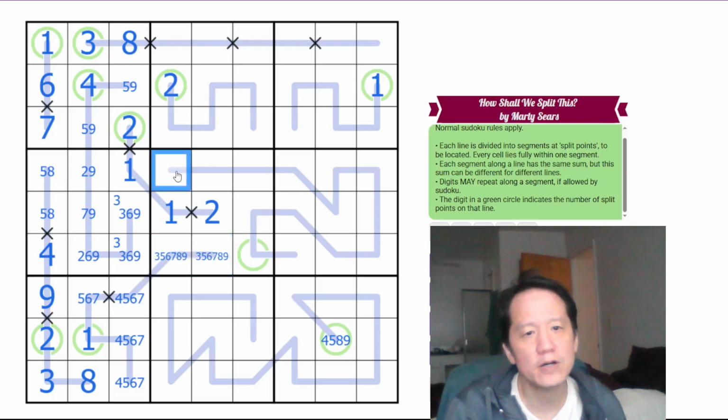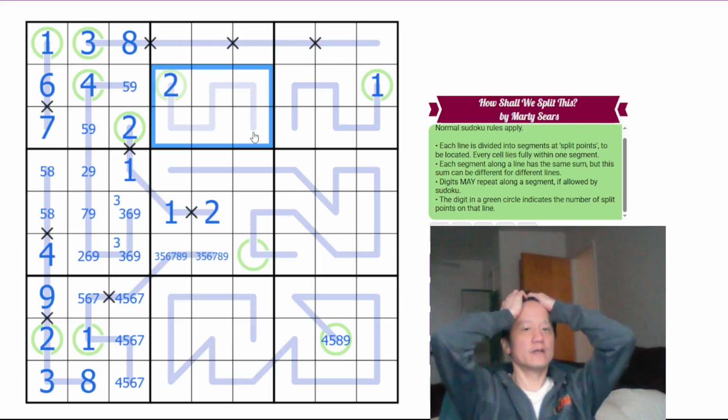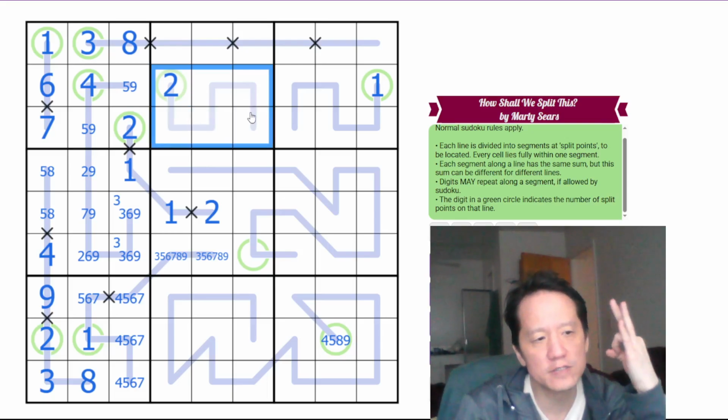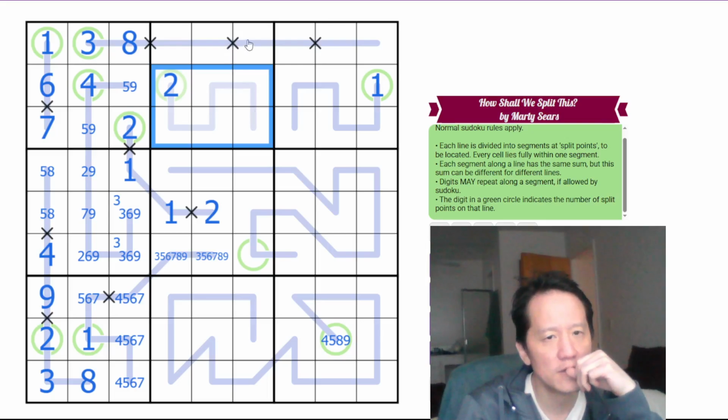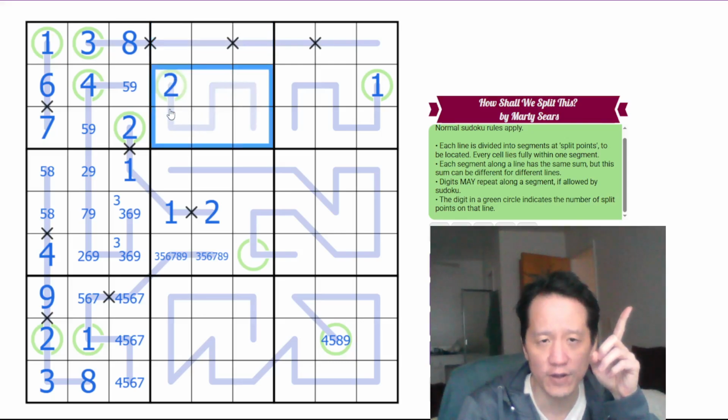Okay, this must be divisible by 3. This must be divisible by 3 because it's split into 3 segments, so it's 3 times a number. We know this adds up to 11. So for this to be divisible by 3, this also must be divisible by 3 to add up to another sum that is divisible by 3, which is 45.